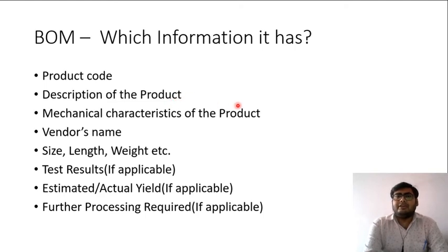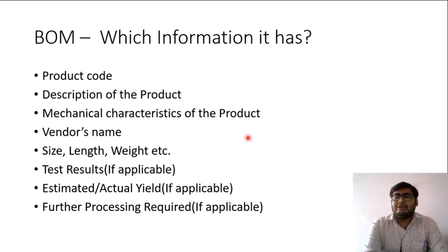So we can know what to order and at which price to order, because the bill of material will also have the price of different parts. And we know from where to order: the bill of material has the vendor's name, so we know whom to give the order.